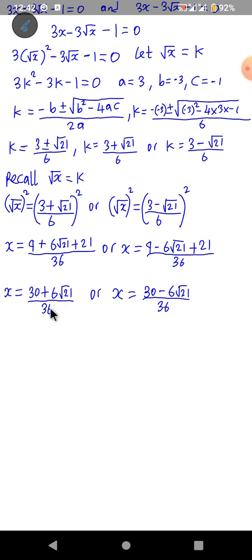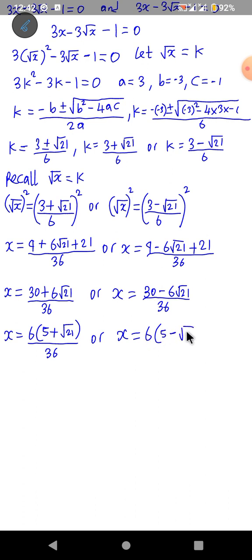Then I'm going to factorize this, so we say x is equal to 6 open bracket, 30 divided by 6 is 5, plus root 21, all over 36, or x equal to 6 open bracket, 30 divided by 6, that's 5, minus square root of 21 all over 36.